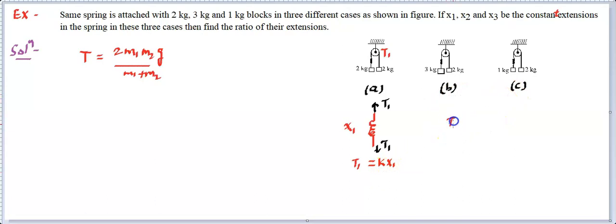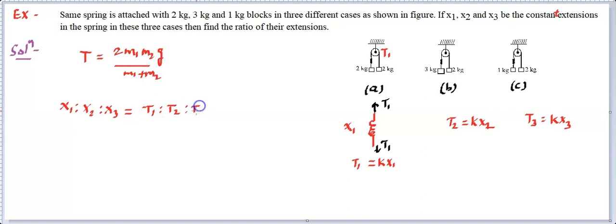So from here, T2 is going to be K times X2. Why the same K? Because it is the same spring. And here you'll find T3, which is going to be K times X3. Now you can find X1 is to X2 is to X3. That is the ratio of their elongations or extensions, which is going to be the ratio of their tensions.